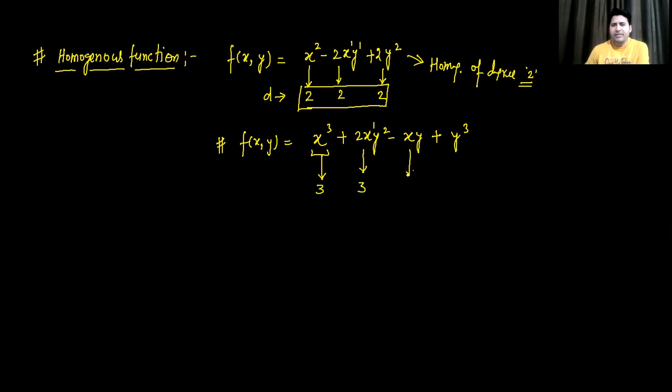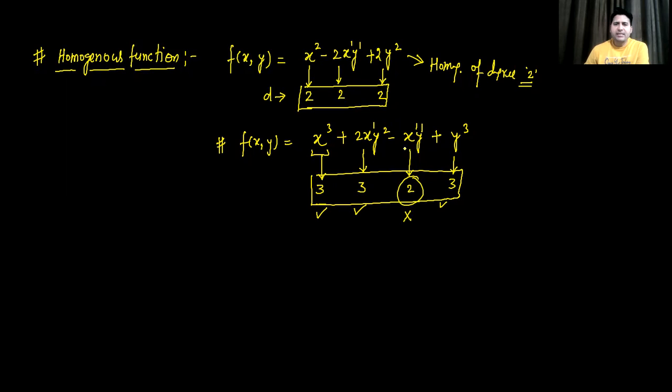The degree of the third term, 1 plus 1, is 2. The last term has degree 3. So all terms do not have the same degree, because 3, 3, 3, and this term has degree 2.